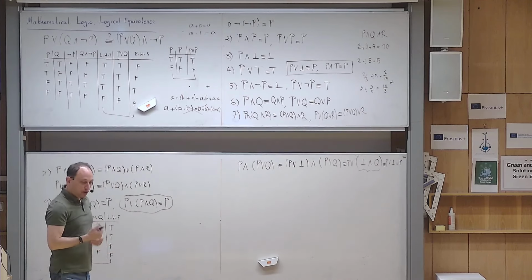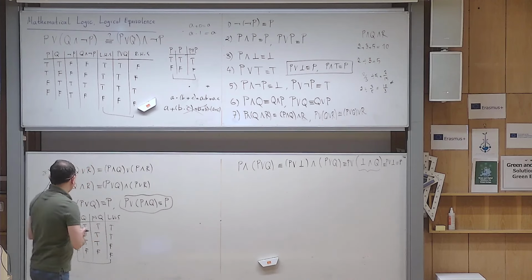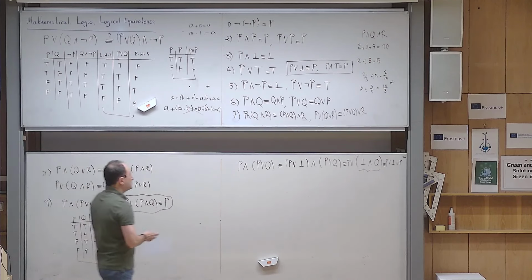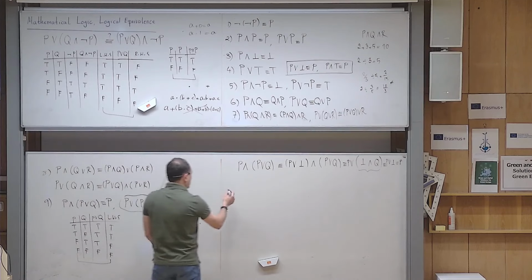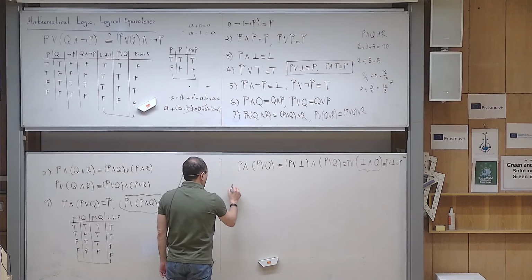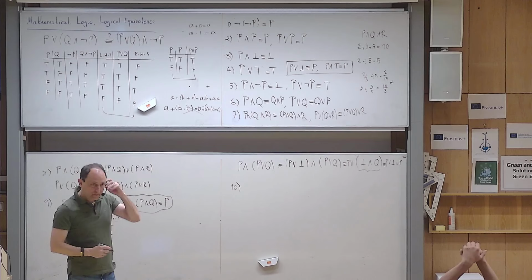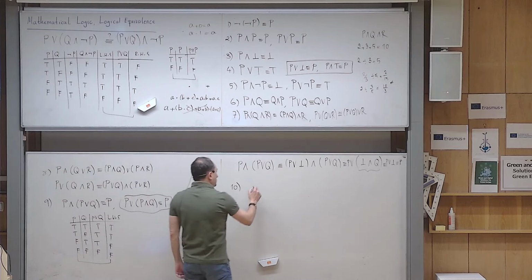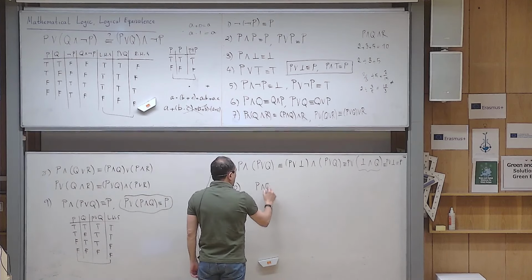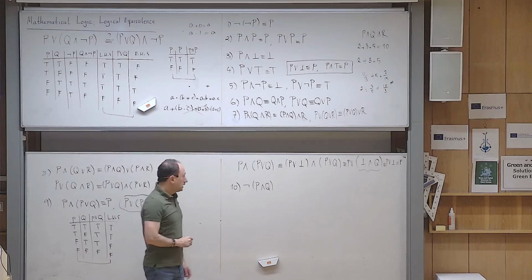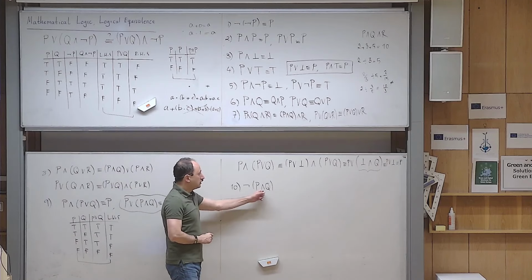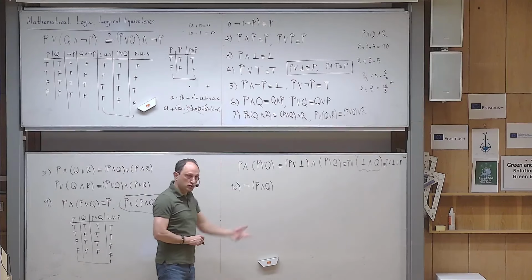Okay, there are other very important rules that I want to list here. So in principle, it should be 10, and this would be 11, but let me continue numbering the same. So 10. These are the De Morgan laws. De Morgan laws say that if you have P and Q and you want to negate this, okay? If you want to negate a conjunction, you can negate the components, but you have to change this to disjunction.